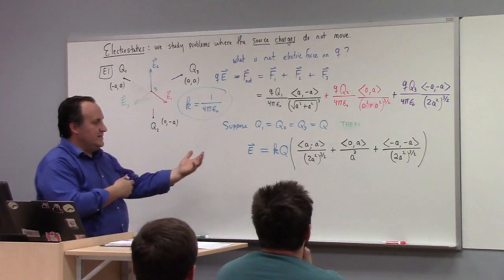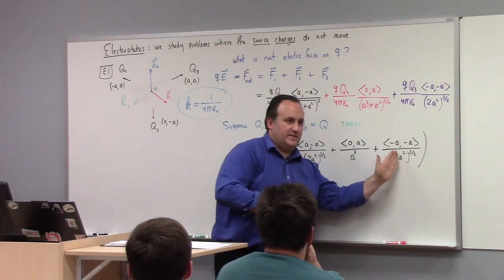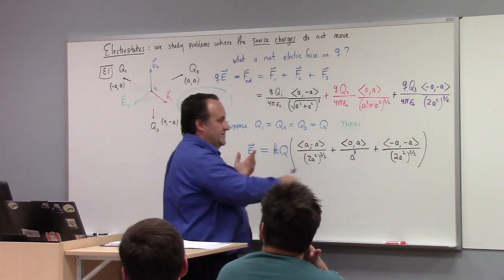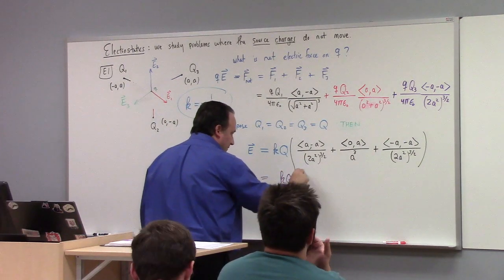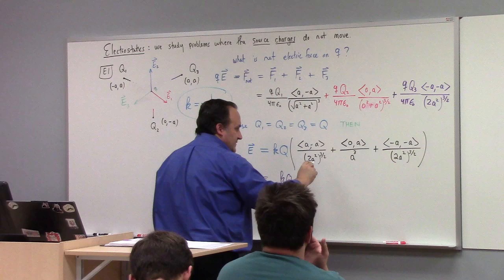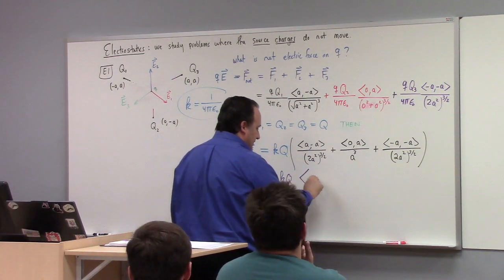And I think you can see that here. See the x component here and the x component there. Same, equal, opposite, cancel. And all we're left with is something of the form kQ. Let's see here. Parentheses. So I got 0 in the x.